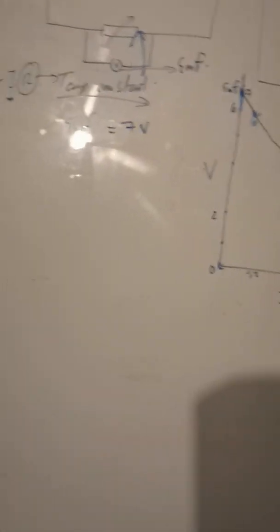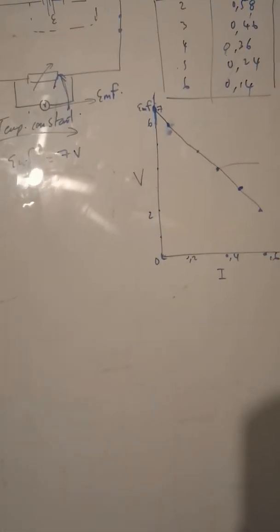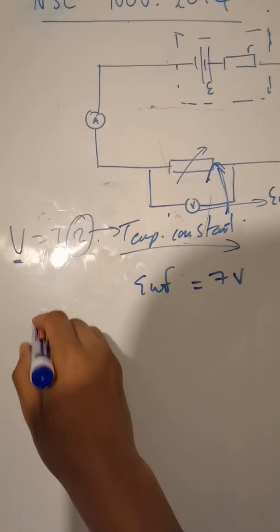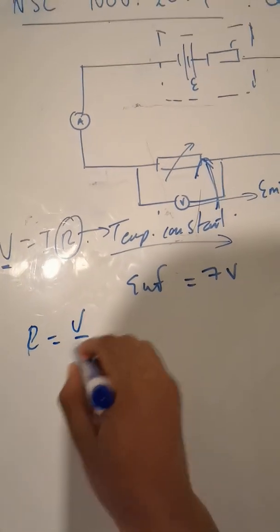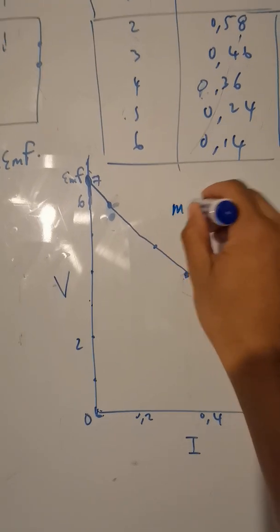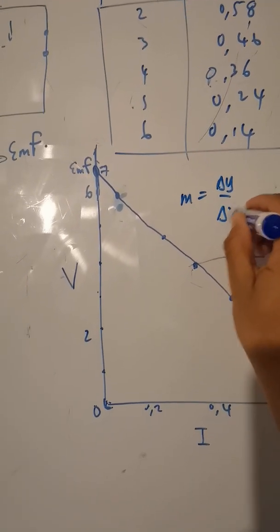Then they say calculate the internal resistance without using any equation. If you look at the gradient of this graph, we know that resistance in general is equal to V over I. The gradient is equal to change in y over change in x.